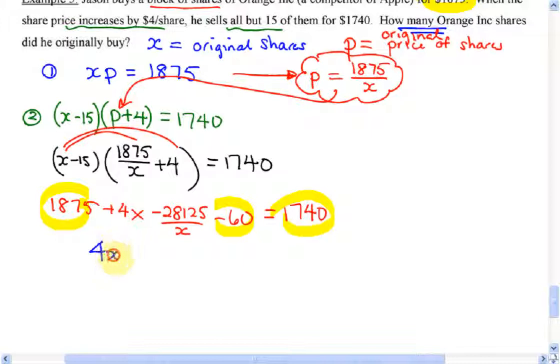75? Okay, so 4X minus 28,125 over X. Is it plus 75, I heard? Equals 0. That looks good. Oh, I've got a denominator of X. Find the common denominator, right?